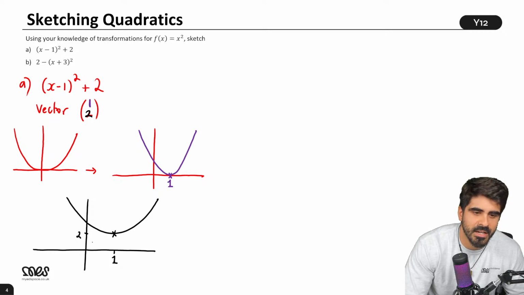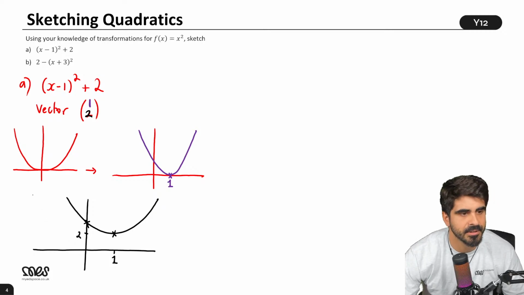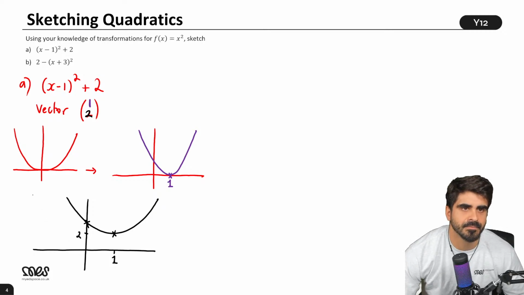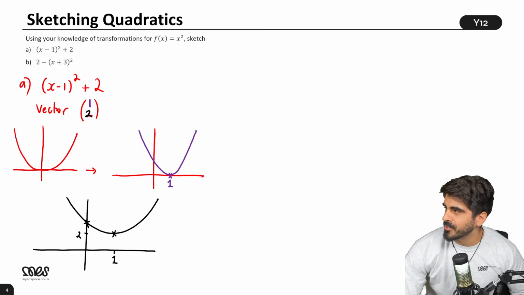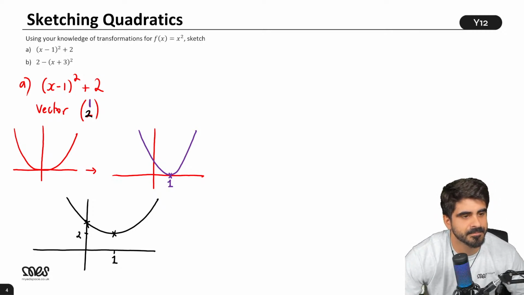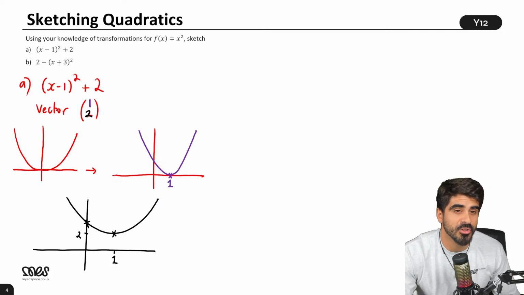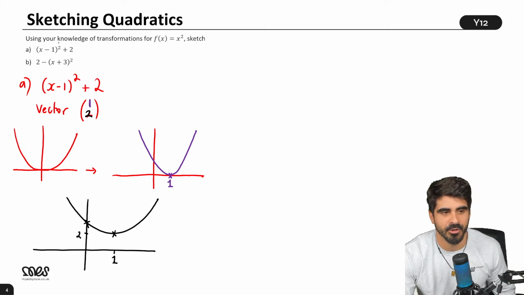How can you very quickly find where a graph crosses the y-axis? Look at the constant. Well, there's no constant really here because it's not expanded. You make x equals 0.